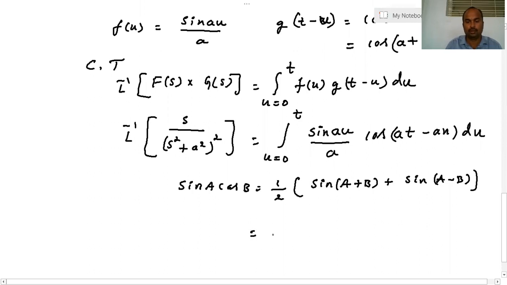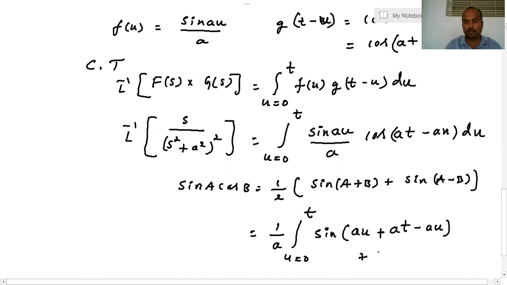That is, I'll take 1 by a outside. Integral from u equals 0 to t of sin(au plus at minus au) plus sin(au minus (at minus au)) into du.